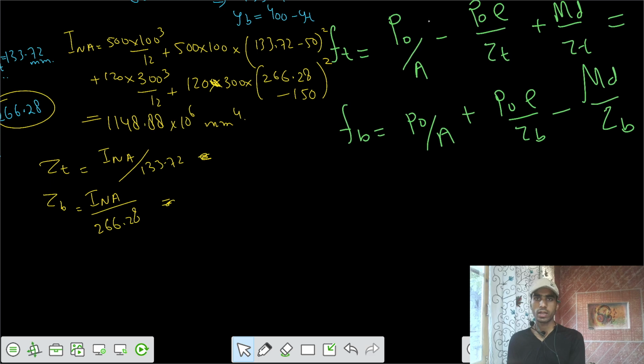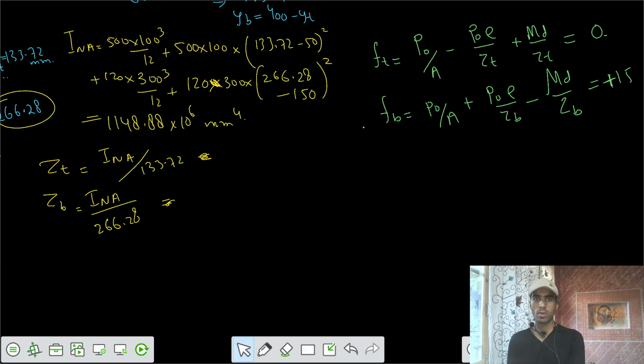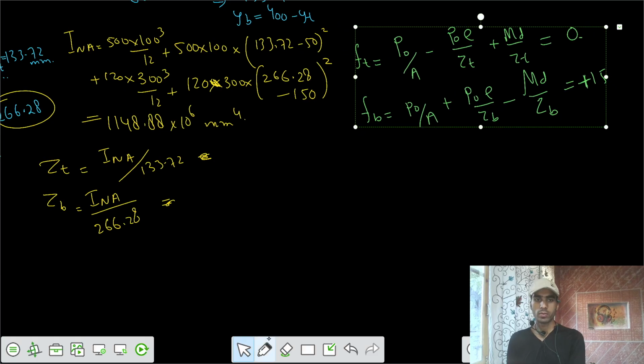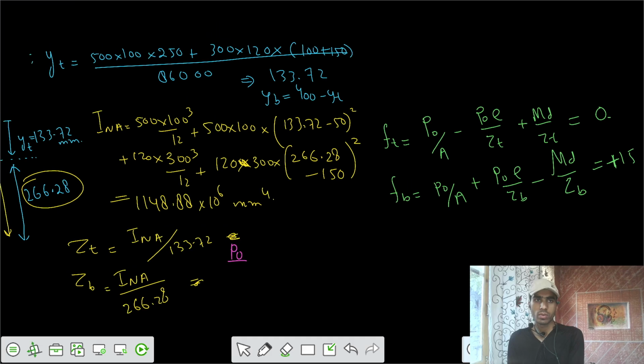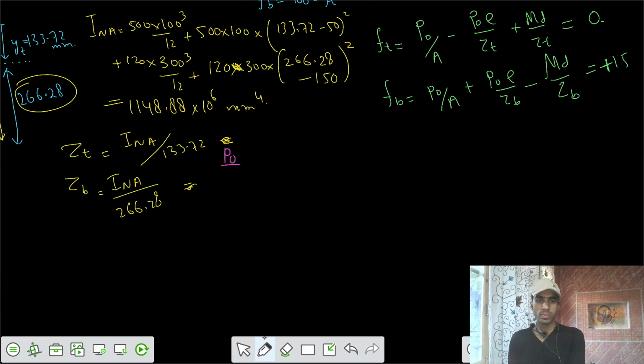So the first case is that the stresses at the top, we have to ensure that the sum is equal to 0. So I would take the first term, P naught by area of the cross section. The area of the cross section was given to you, 86,000.